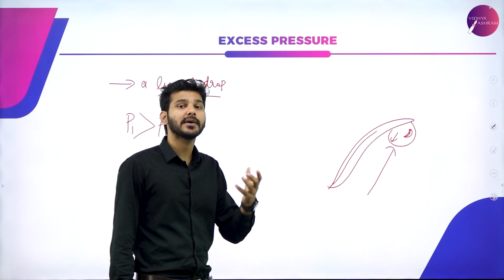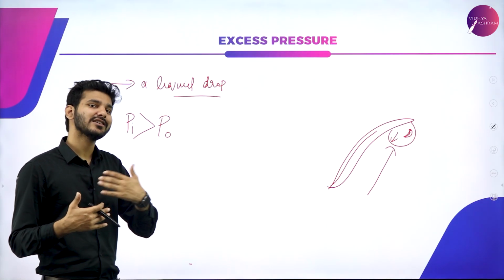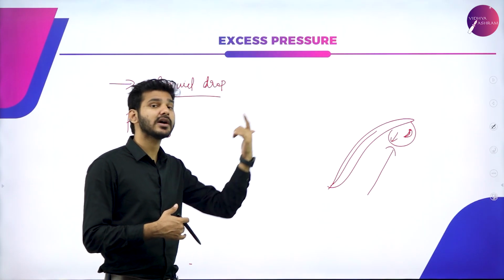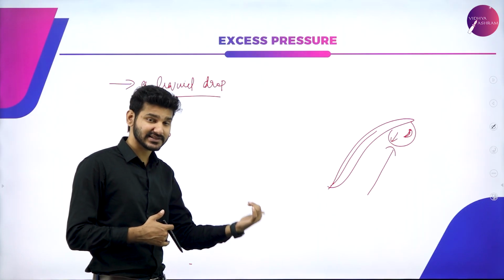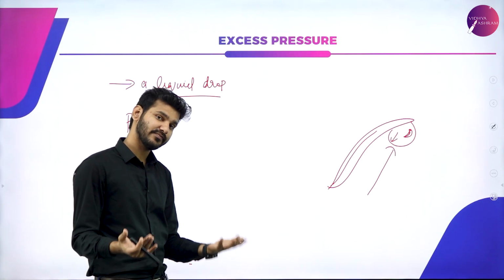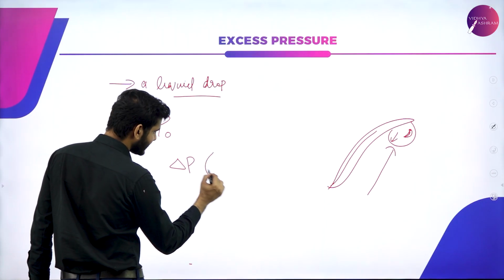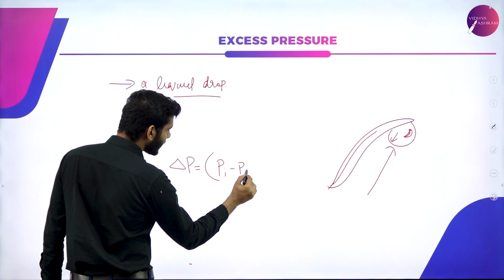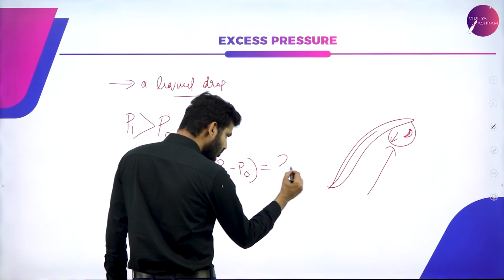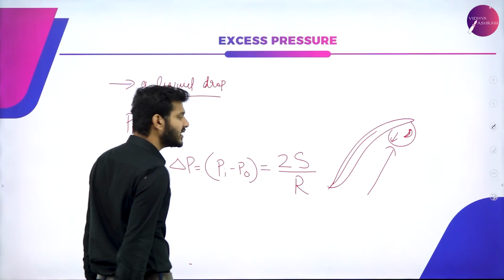It depends on the radius of the liquid drop. If the radius is very large, the pressure difference, that is Pi minus Po, will be comparatively less. So the excess pressure, indicated by delta P, that is Pi minus Po, will be equal to 2 times the surface tension divided by the radius of the liquid drop.